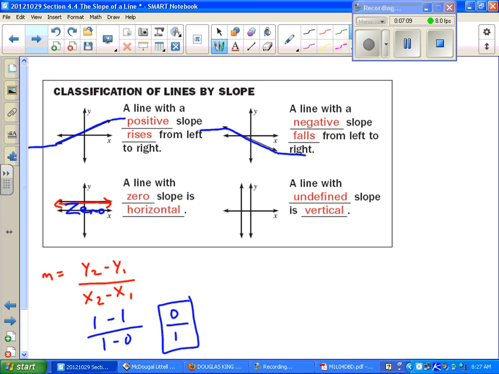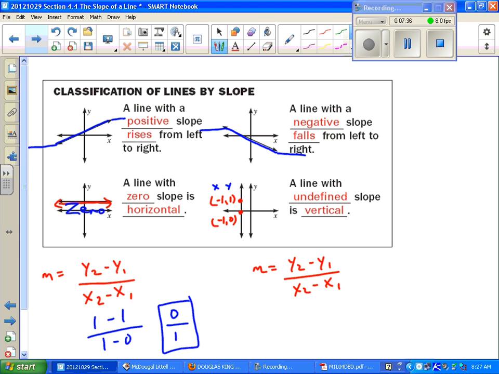An undefined slope, the reason it is undefined is if you take the exact same numbers we used a second ago, and we look at that one and that one, we'll call this one (-1, 0), and we'll call this one (-1, 1). You take the exact same things and go back into the slope formula, the change of y over the change of x. Then you label your points again.